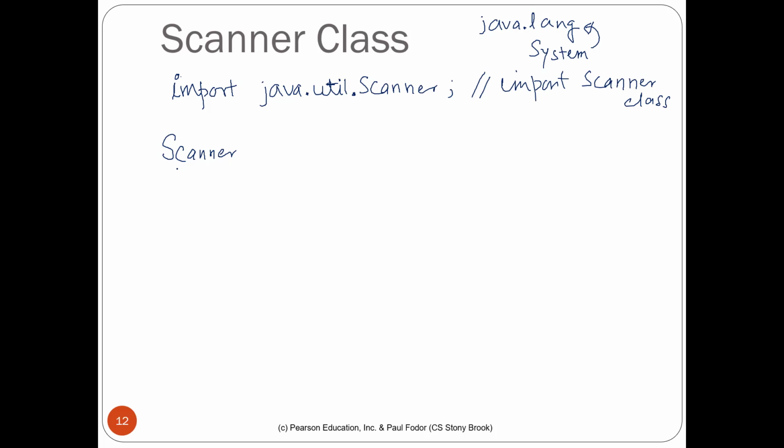Scanner, the name of the class, then the name of the object, which is up to you. I usually call it stdin, which is standard input, is equal to new Scanner(System.in).